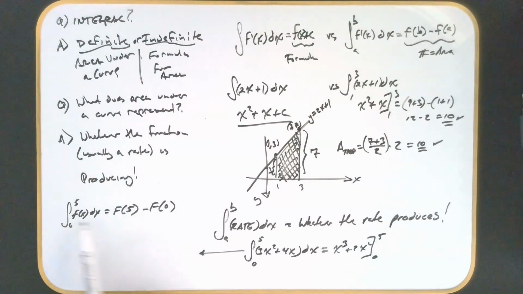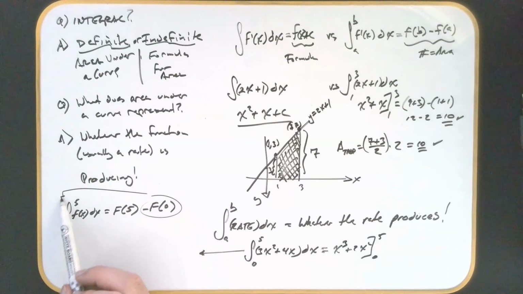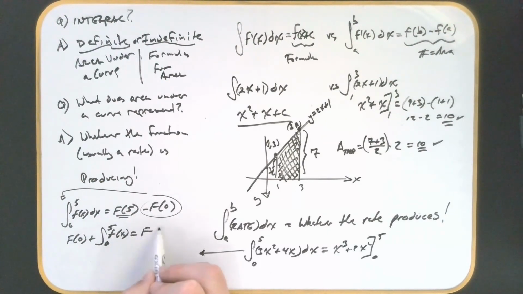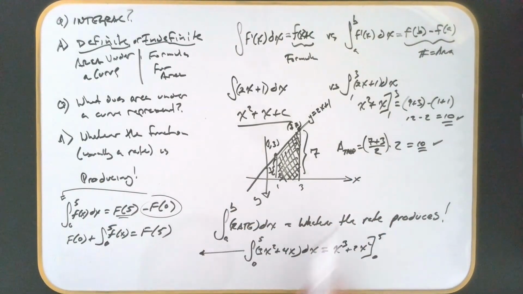Don't forget, we have those components that are happening, and frequently on these FRQs, you have to bring this over because they want to solve for F of 5. So we call it the initial condition. So just be prepared that you may have to manipulate those and move them around. And that's come up several times. Okay. So just a little fundamental theorem here.